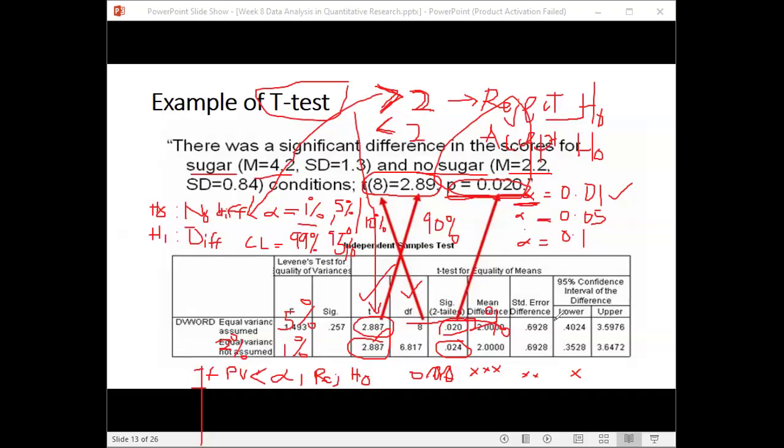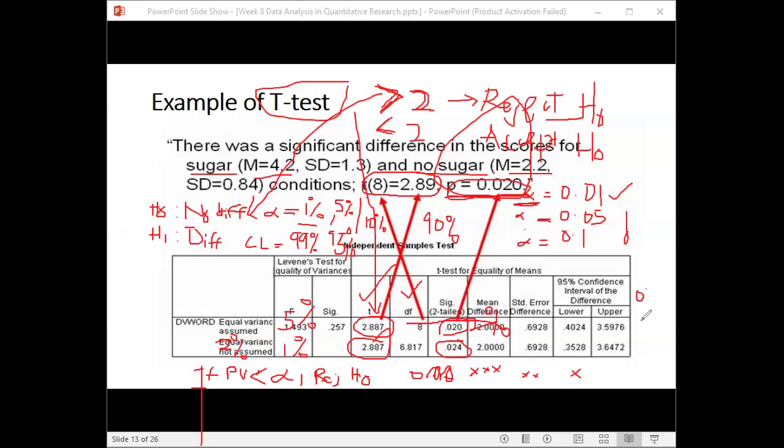Let's say you get the value to be 0.24, right? Yes, sir. As your p-value. Now this is 24%, isn't it? Yes, sir.